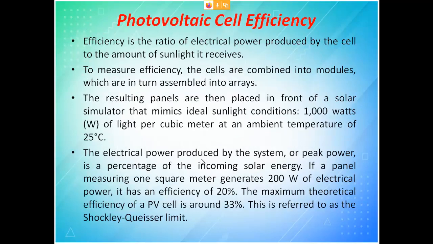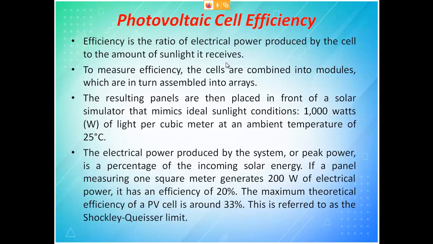Then comes efficiency. This is one more thing you have to understand very clearly for practical life, wherever you go in industry. When they talk about photovoltaic cell efficiency, remember that efficiency is the ratio of the electric power produced by the cell to the amount of sunlight it receives.